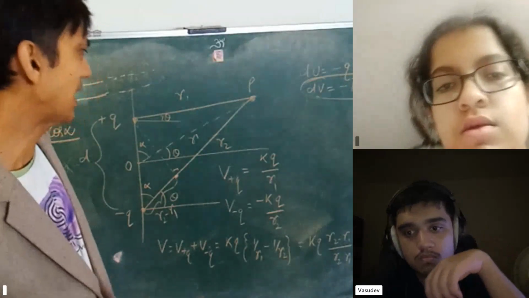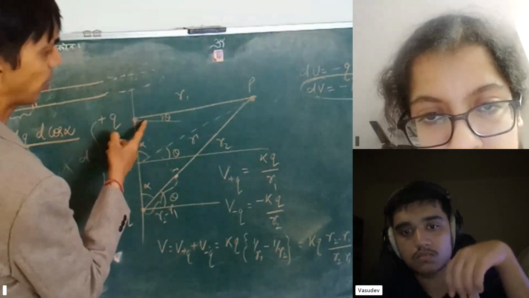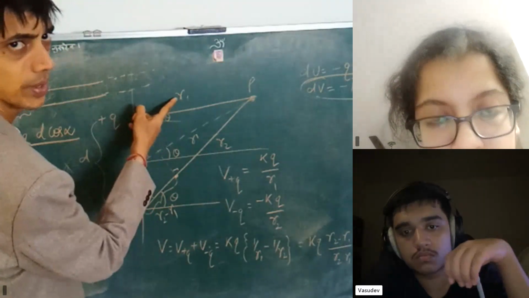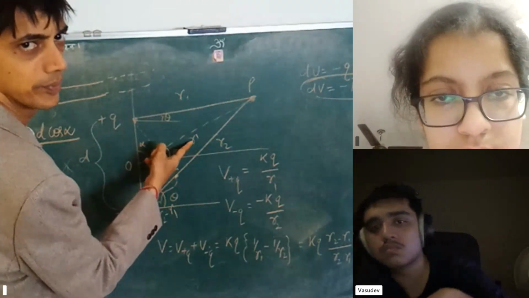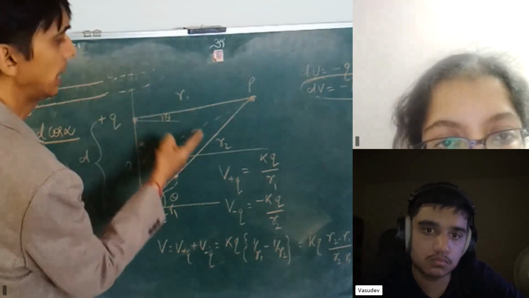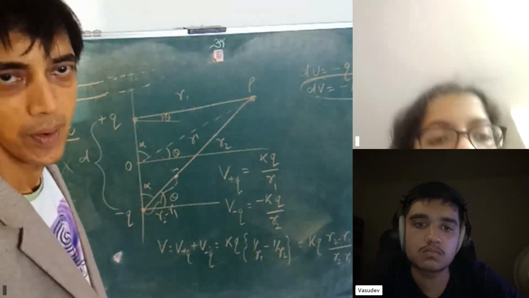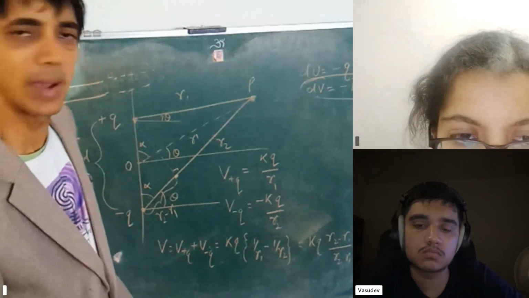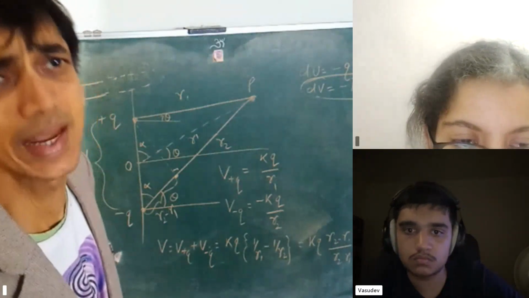R1 is slightly smaller, R is slightly greater than R1, and R2 is slightly greater than R. I repeat, R is slightly greater than R1, you may mark, and R2 is slightly greater than R. So what we can do, we can write R1 as R minus delta R, and we can write R2 as R plus delta R. Okay, dear?